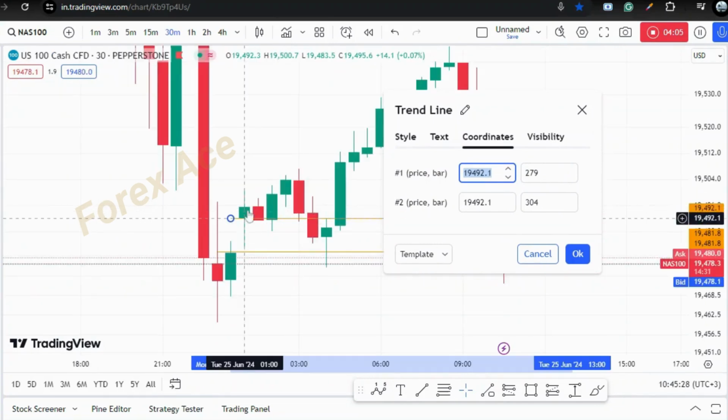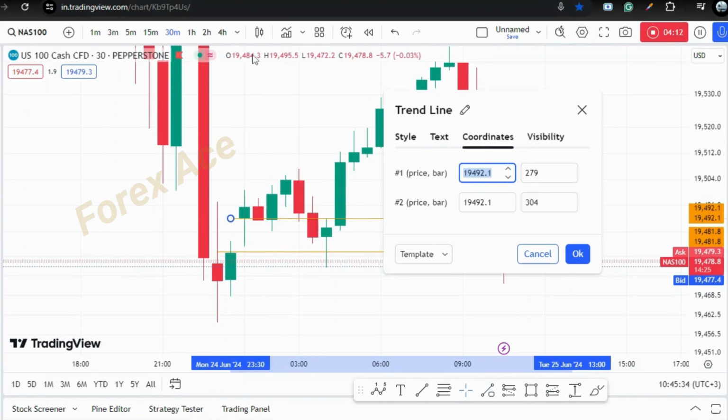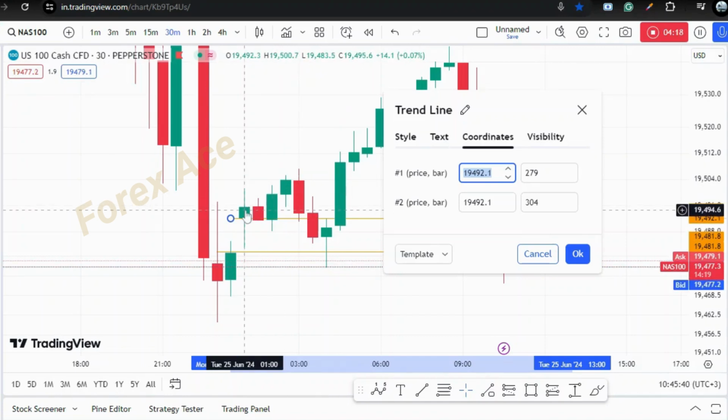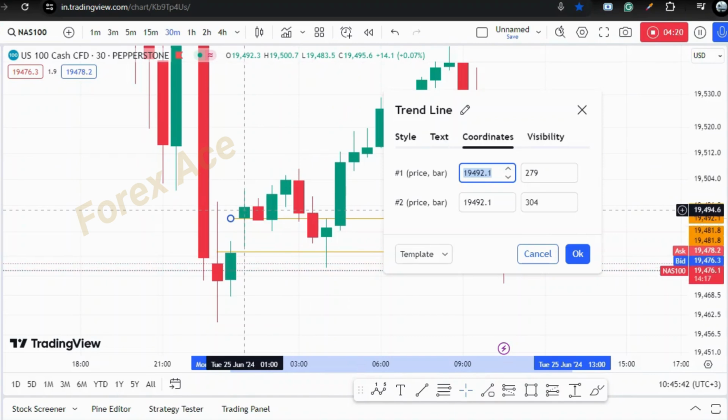So this being a bullish candlestick, I want to look at the open. So the open is, look here. I want you to look at this. This is the open, high, low, close of the candlestick. So when you hover around the candlestick, you'll see the open of the candle is 19,492.3. So I'm gonna change this to 3.